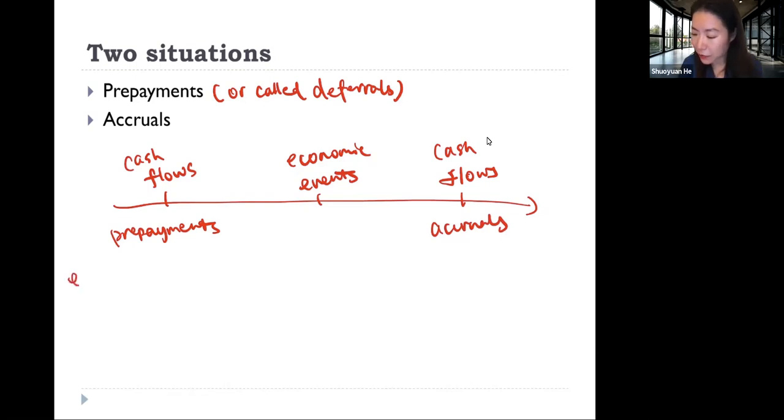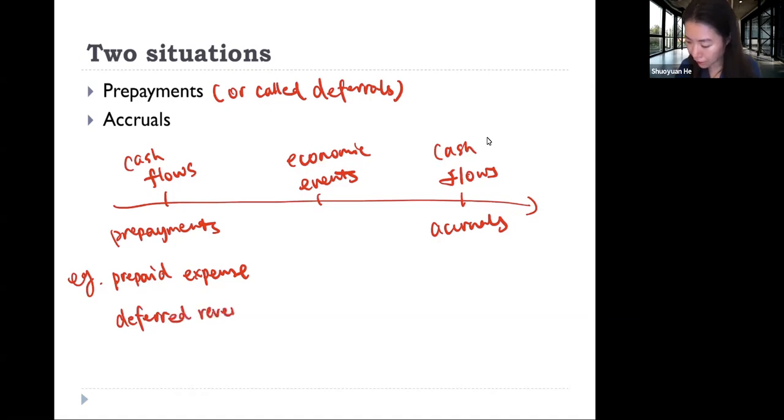Examples of prepayment: if there's a cash outflow before the economic event, that is a prepaid expense. Versus if it is a cash inflow before the economic event, that is a deferred revenue. And deferred revenue, we also call it unearned revenue.